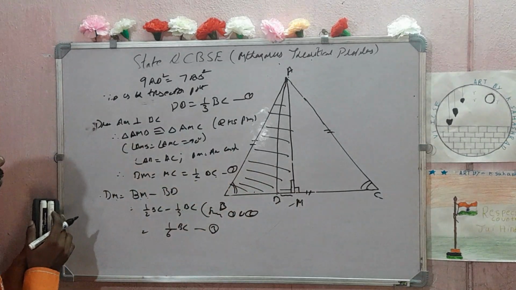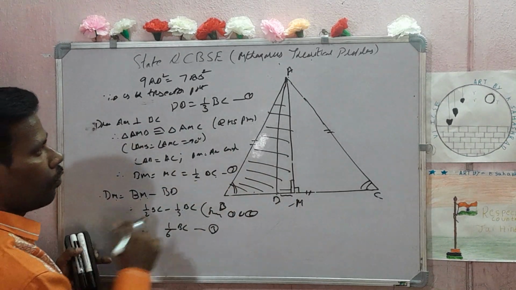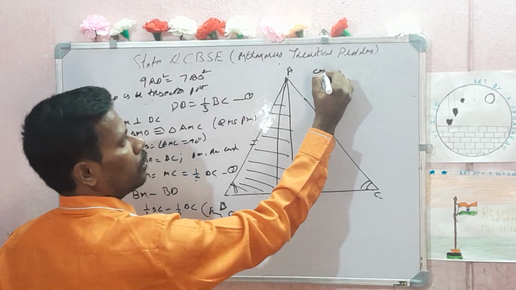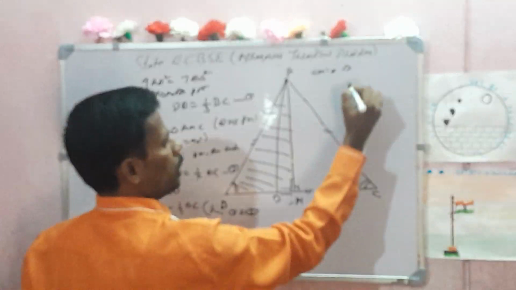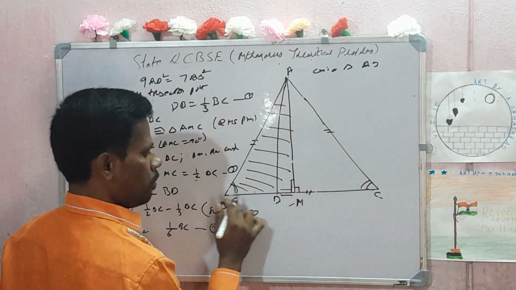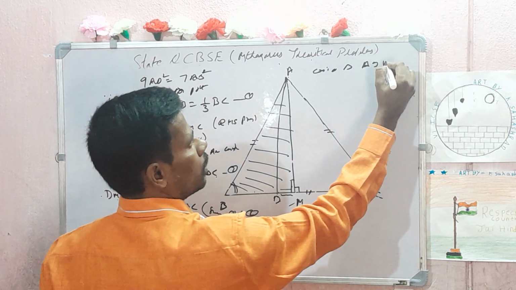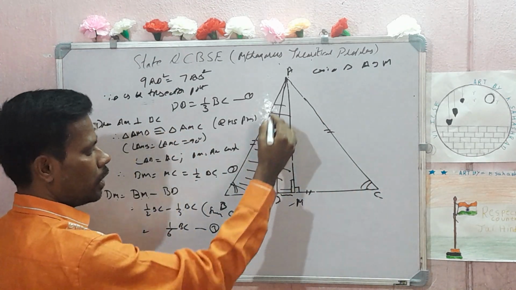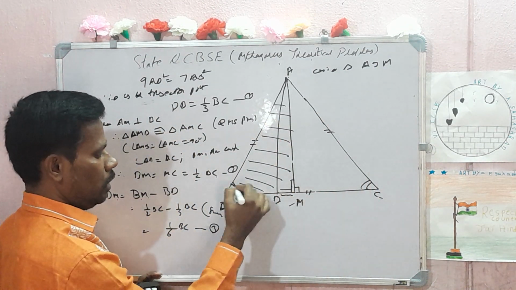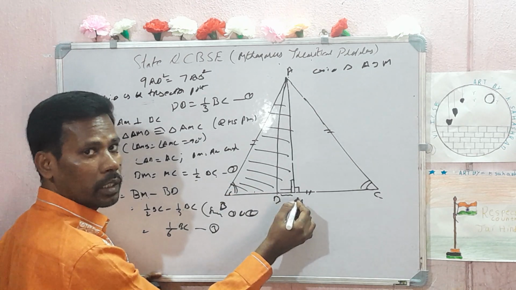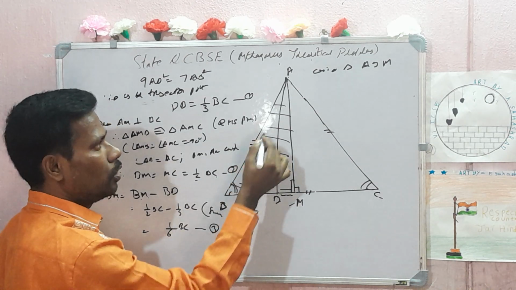Now consider triangle ABM. In this, AB is the hypotenuse.